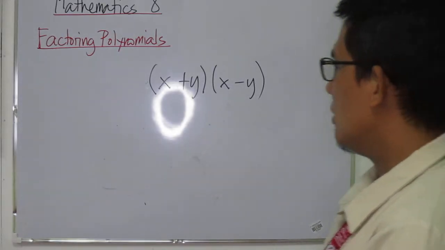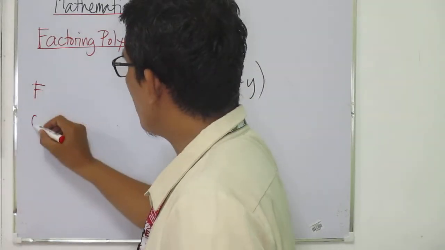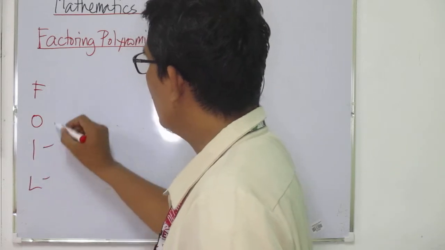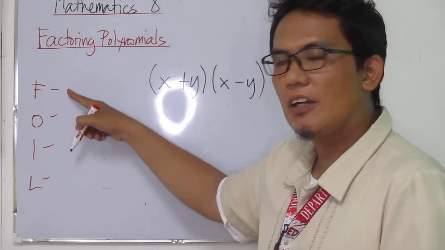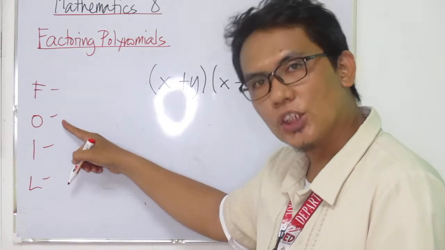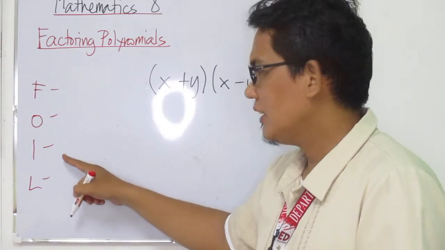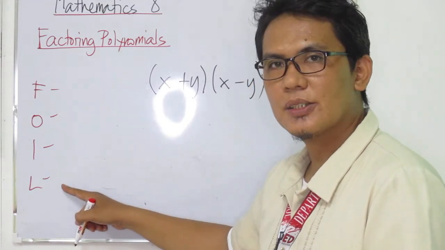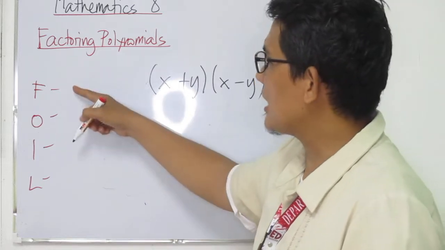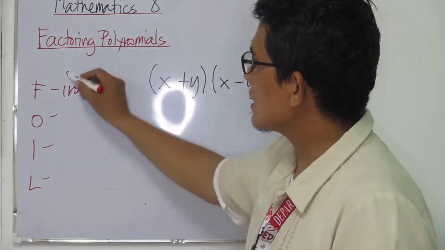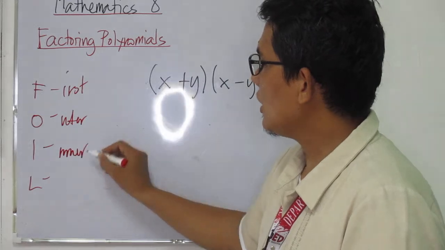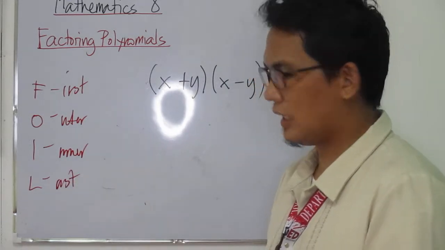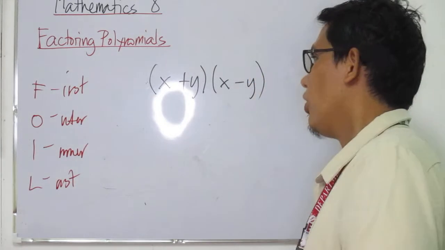If you recall, what does FOIL stand for? FOIL represents the first, outer, inner, and the last. Again, what does F stand for? First, outer, inner, and the last. That is what FOIL stands for.